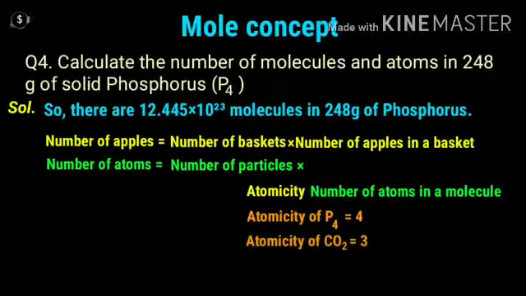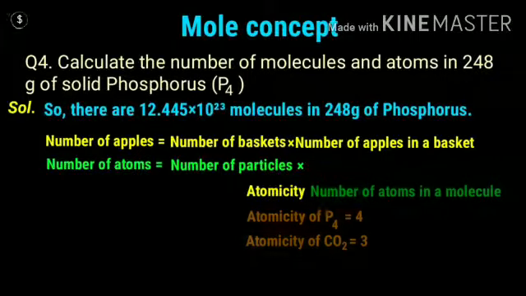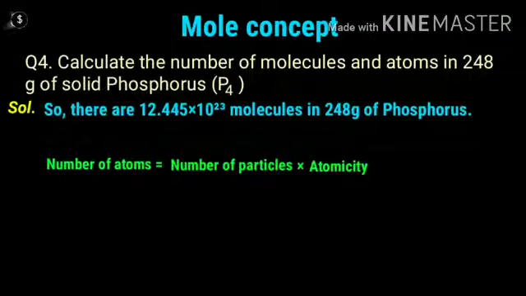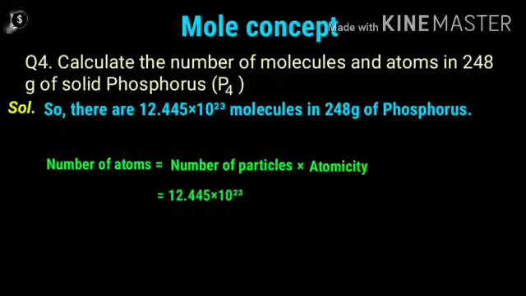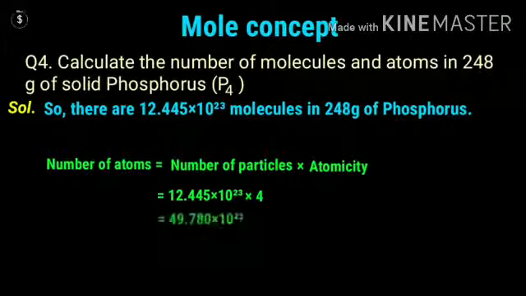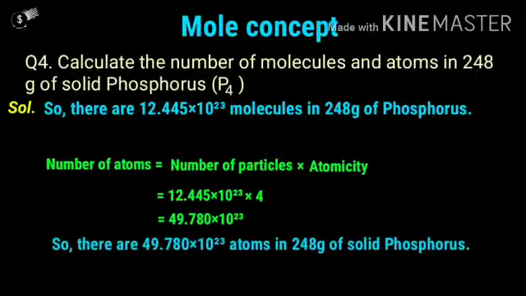One more very important thing, children: the number of atoms in a molecule is called atomicity. The number of atoms in a molecule is known as atomicity. So where the question is in this form, the number of atoms in a molecule, you can also say atomicity.